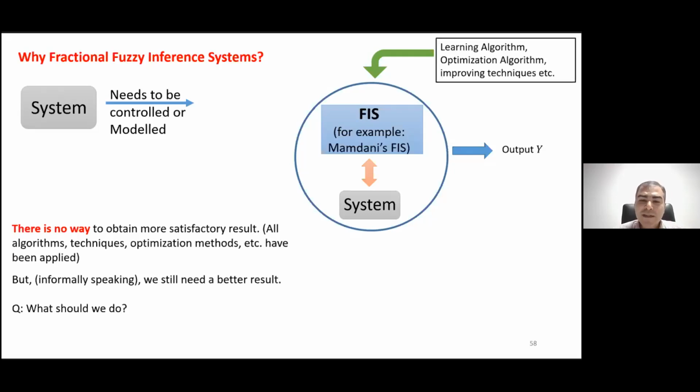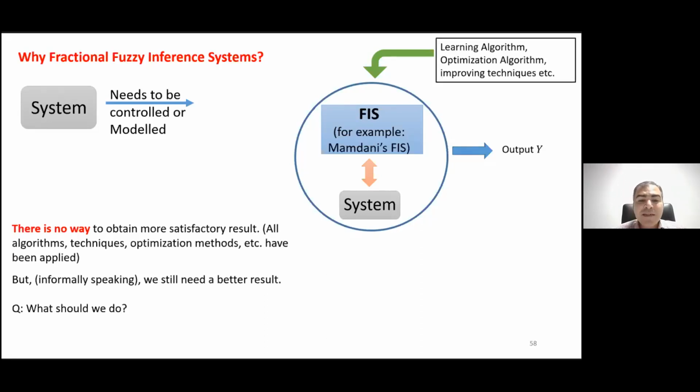In order to get the best output or the optimal output, we have applied all the learning algorithms, all the optimization algorithms, improving techniques, and all alternatives for improving and getting a better result or the optimal result. But we concluded that there is no way to obtain more satisfactory results.